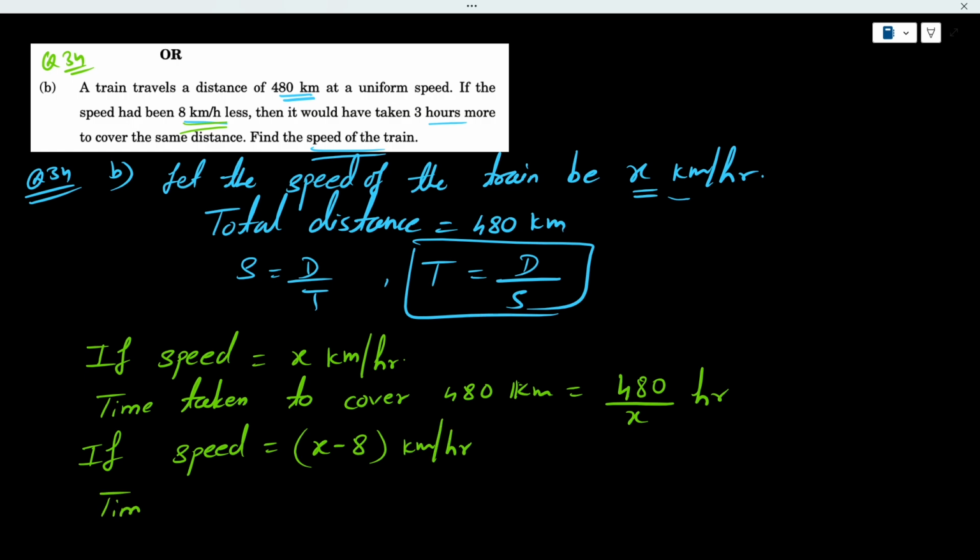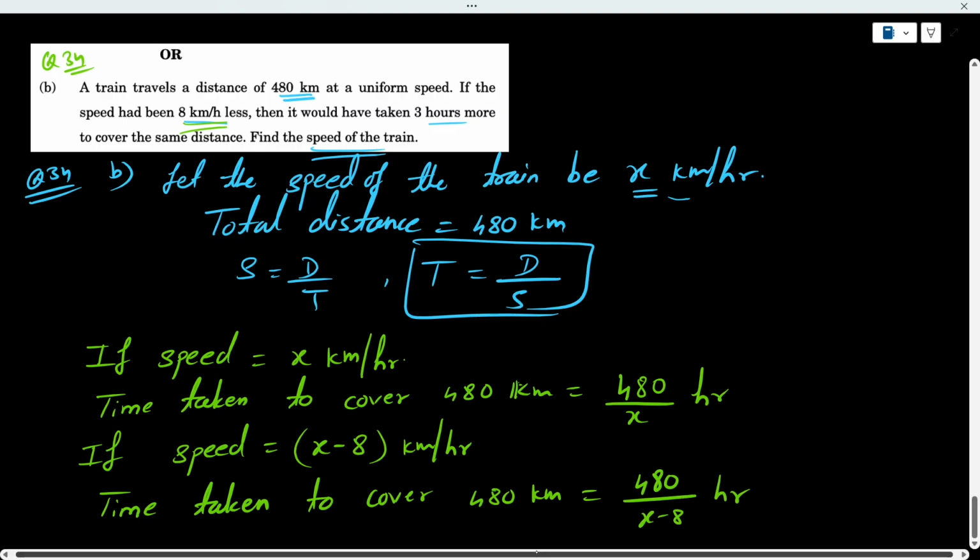How much time will it take? Time taken to cover the same distance, 480 kilometer, will be: distance is the same, the speed is changed, so these many hours. Now you need to do the comparison here, which is greater among these two. You know that the lesser the speed, the more time it will take, right?